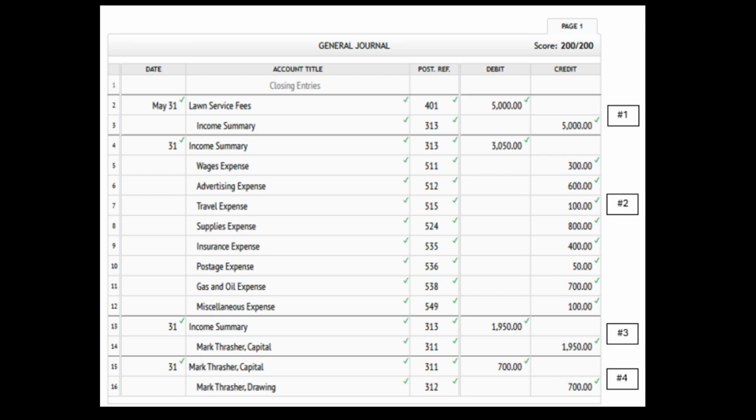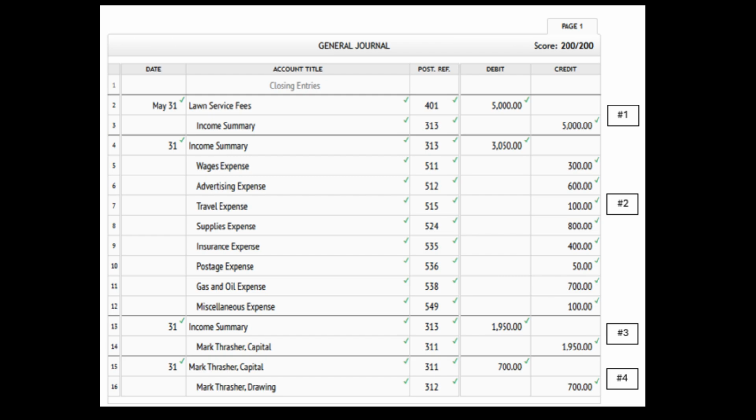Those are all going to be credit entries like you see on my screen. Again, debits have to equal credits. Once you finish putting in all of your expense amounts, add them all up, and whatever you get goes up on the debit side for income summary on line number 4.